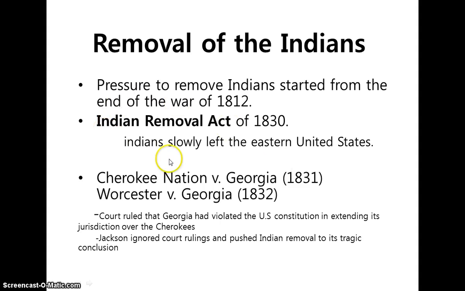As whites' pressure was getting bigger and bigger, Indians had to follow the act, and they slowly left the eastern United States.